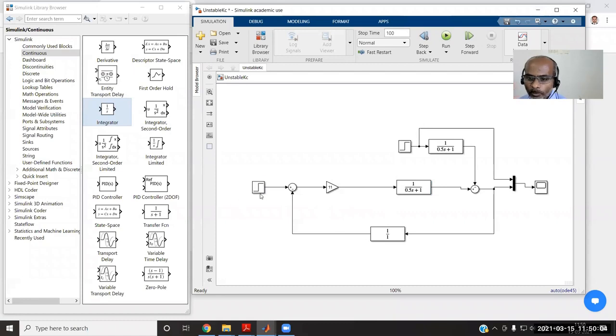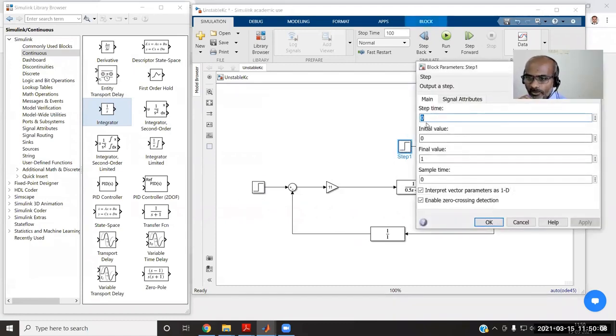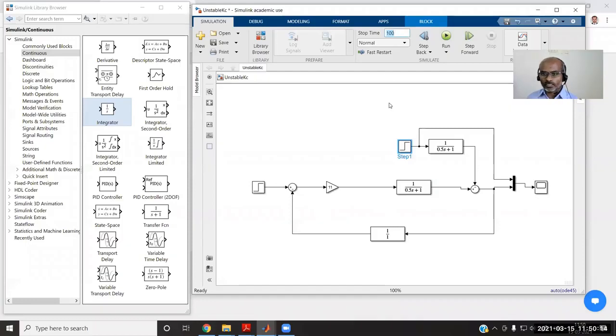That means the set point is not changed, and the load is changed from 0 to 1 at time 0, and we are going to see the response for 100 time units, not seconds or minutes. We can run this.